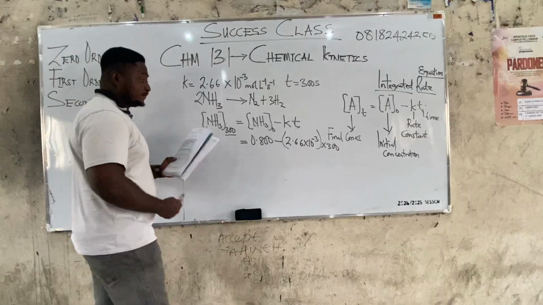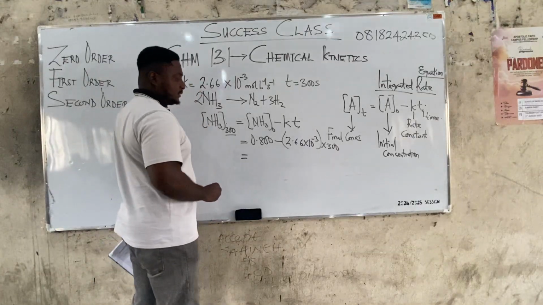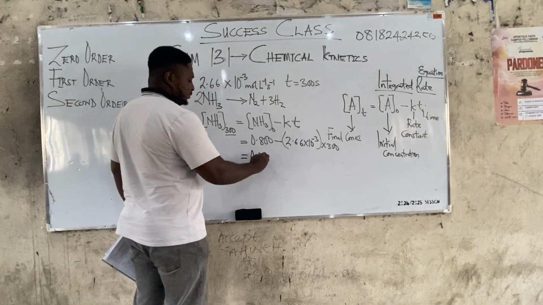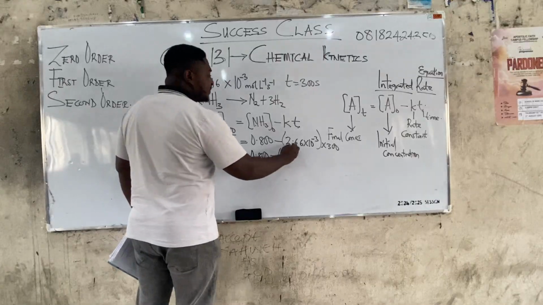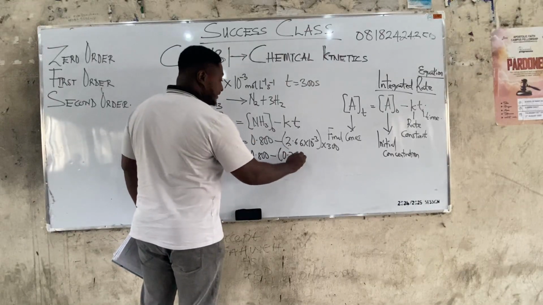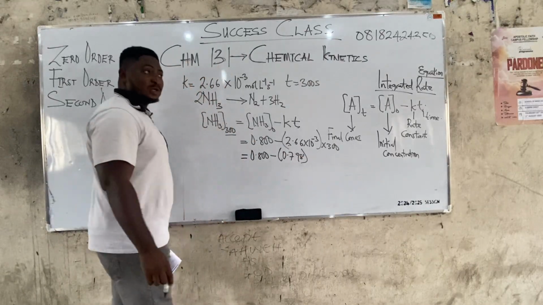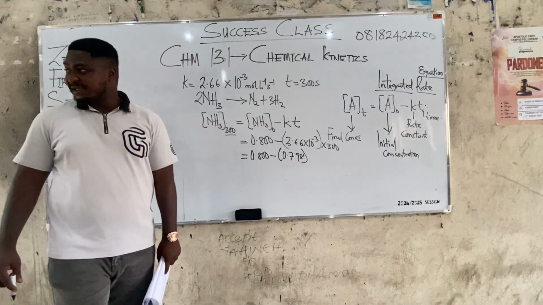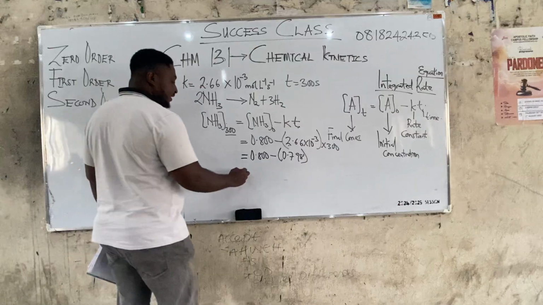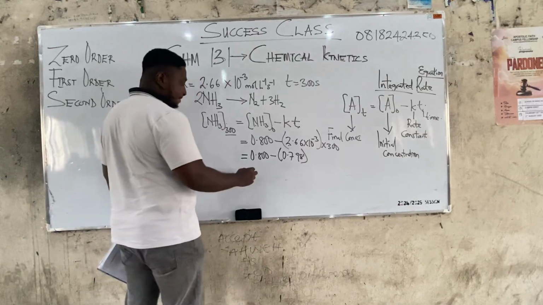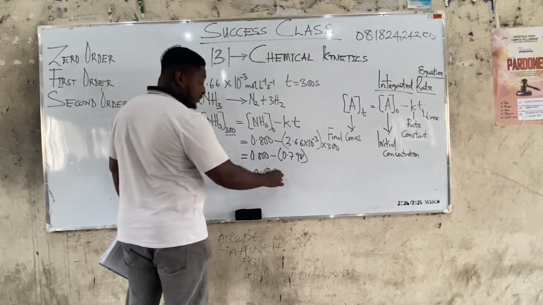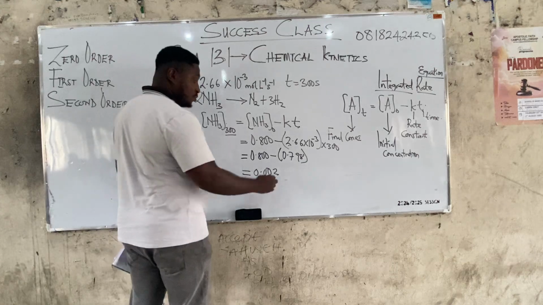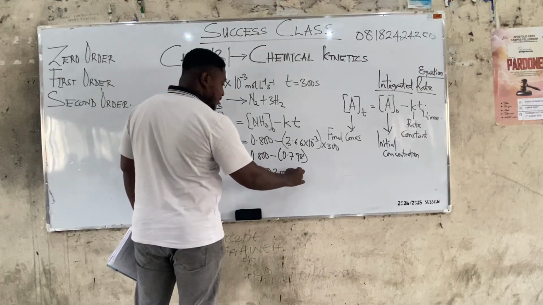Alright, follow me now. When you multiply this by this, what do you have? 0.798. Right? 2.66 times 10 raised to minus 3 times 300 should give you 0.798. Is that correct? What is 0.800 minus 0.798? 0.002 moles per liter.